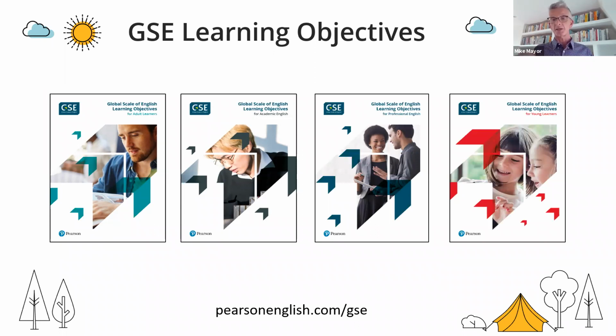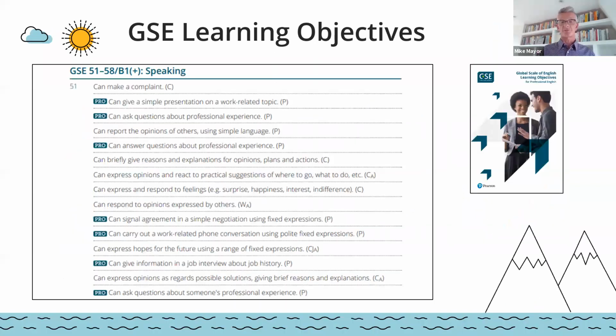And again, all of these are freely available on the website. You can see the URL at the bottom of your screen, pearsonenglish.com/GSE. And what you'll find in these brochures, in these PDFs, is simply lists of learning objectives divided by skill, so reading, listening, speaking, writing, divided by Common European Framework level, including A2, A2+, B1, B1+, B2, B2+, and then within those categories broken down by Global Scale of English point, 51, 52, 53, 54, 55.